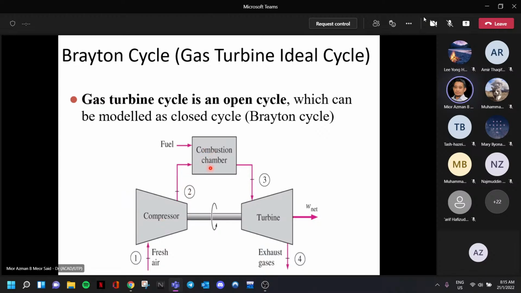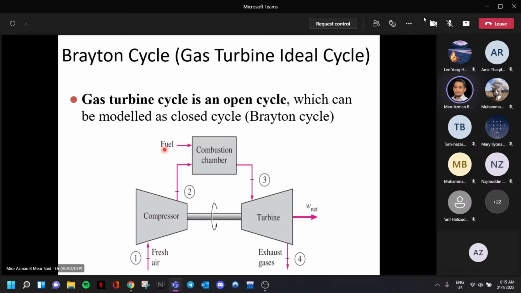So it's a mixture of air and fuel that combusts, and you have the flue gas, meaning the product from the combustion, which goes into the turbine. As you know, this high energy fluid goes into the turbine and expands, and with that you produce the net work output, and then it goes out to the exhaust gas.